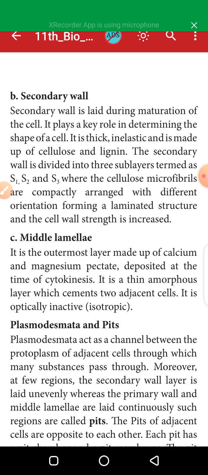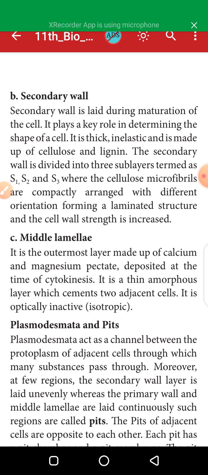The secondary wall is divided into three sublayers termed as S1, S2, S3. In the diagram, the cellulose microfibrils are compactly arranged with a different orientation, forming a laminated structure, and the cell wall strength is increased.